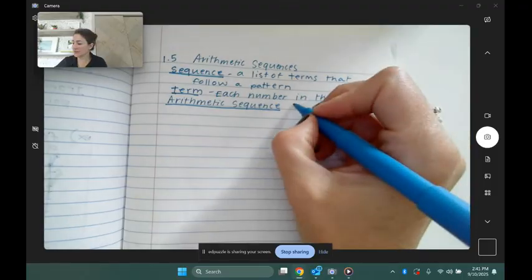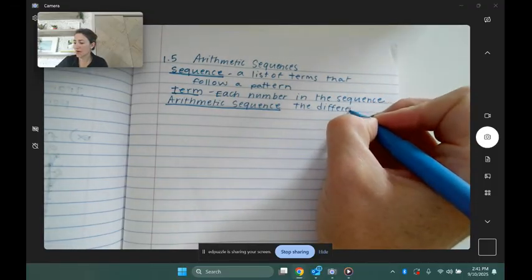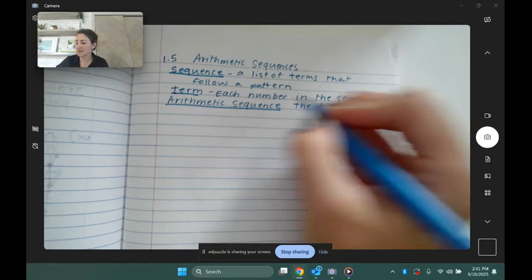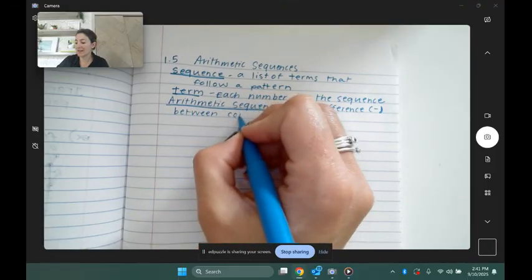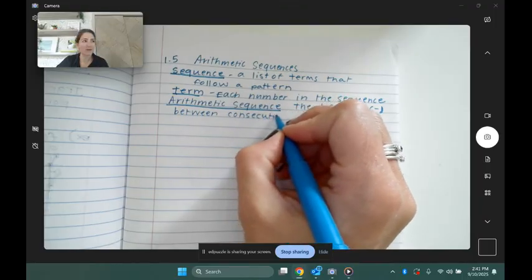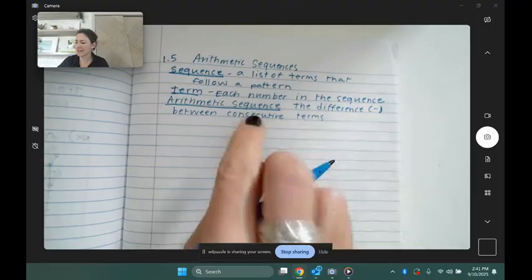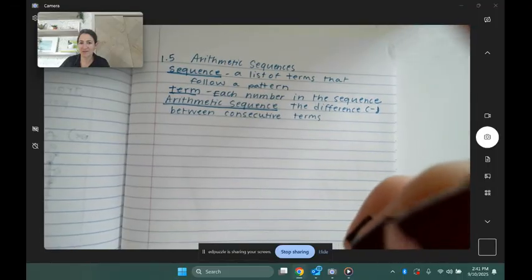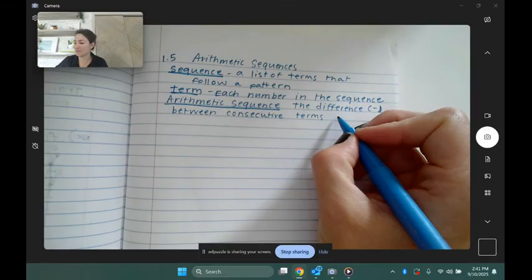So the difference, remember, is subtraction. The difference between consecutive terms, consecutive meaning one and then the other, the difference between consecutive terms is called a common difference.